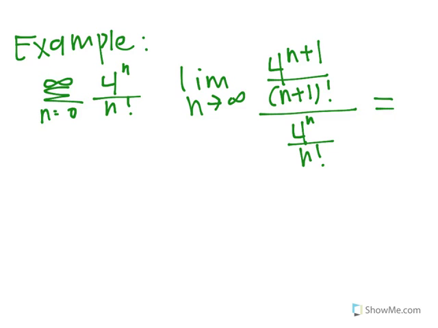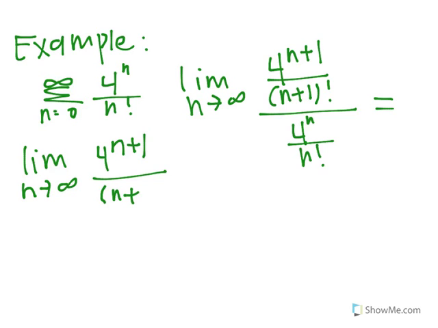So this equals the limit as n approaches infinity of 4 to the n plus 1 over n plus 1 factorial times n factorial over 4 to the n. And now you can simplify this.